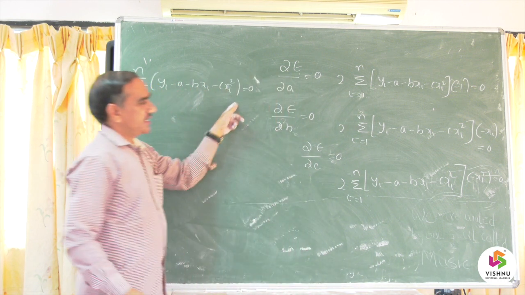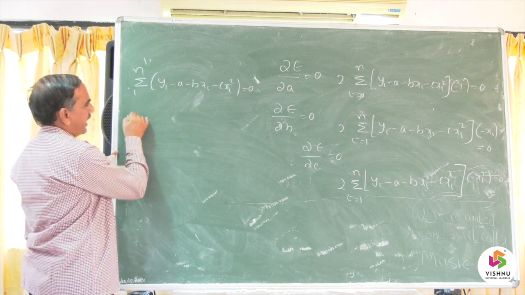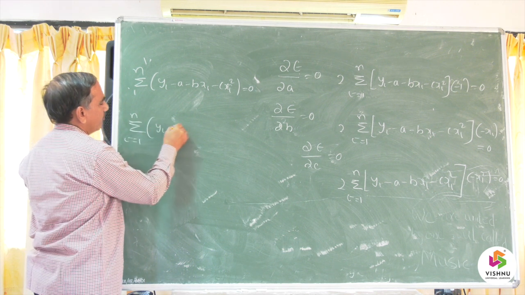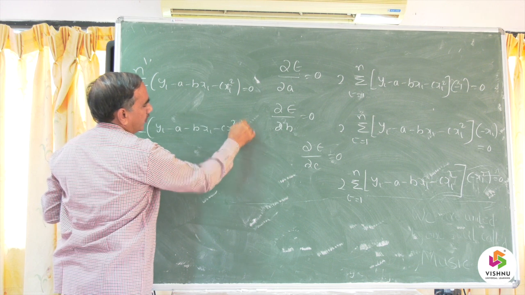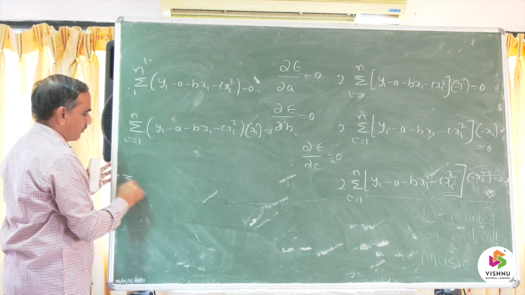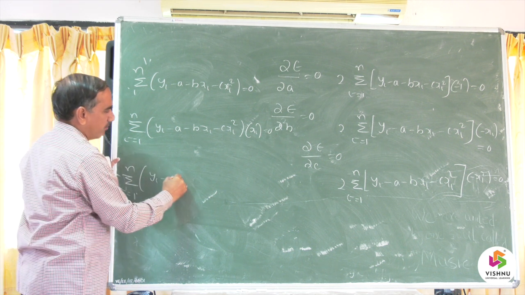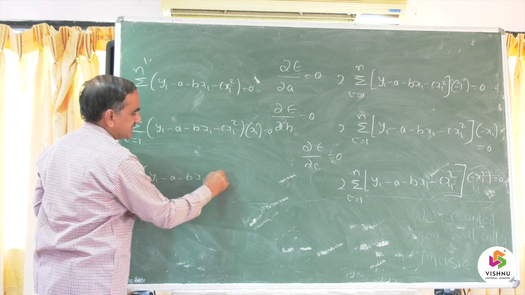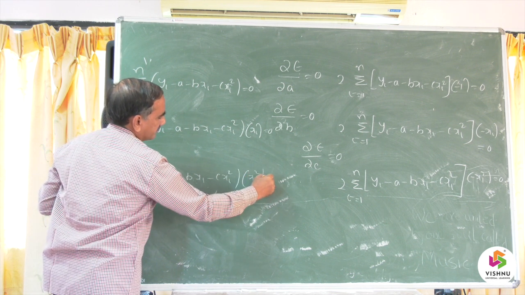So that is the first equation. Second equation, once again 2 is not required. Sigma i is equal to 1 to n, yi minus a minus b xi minus c xi square, into the product xi, is equal to 0. Third equation, sigma i is equal to 1 to n, yi minus a minus b xi minus c xi square, into xi square, is equal to 0.